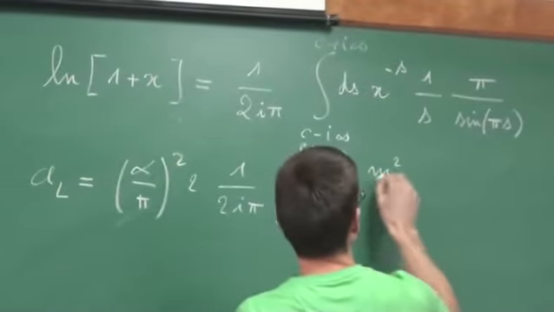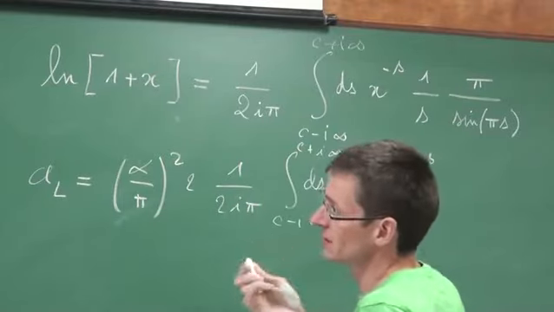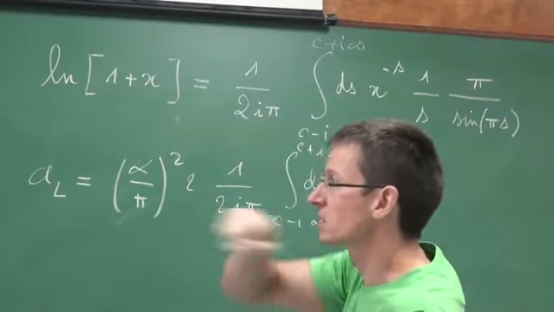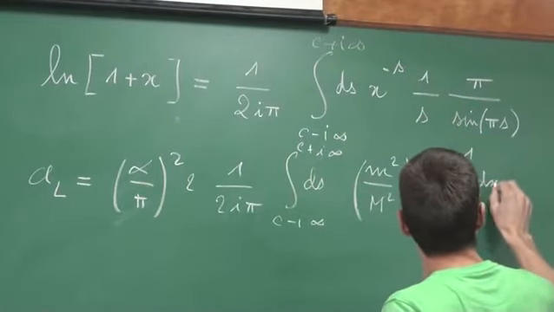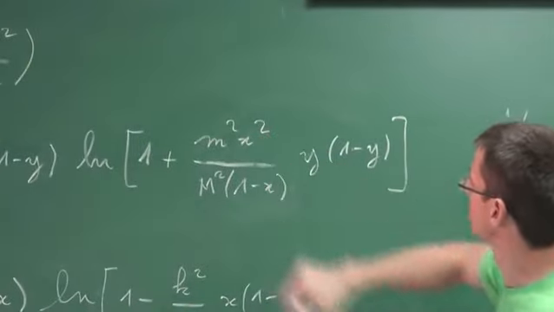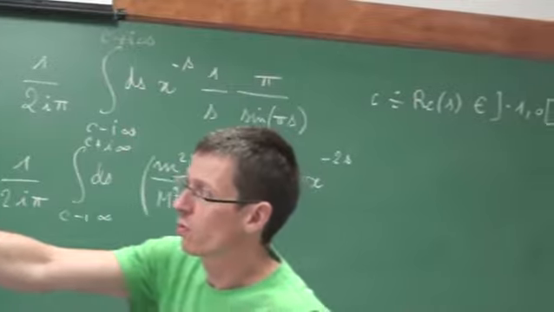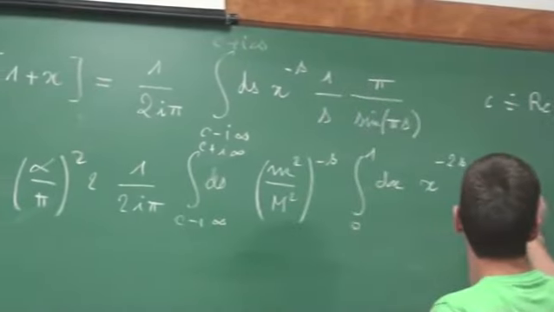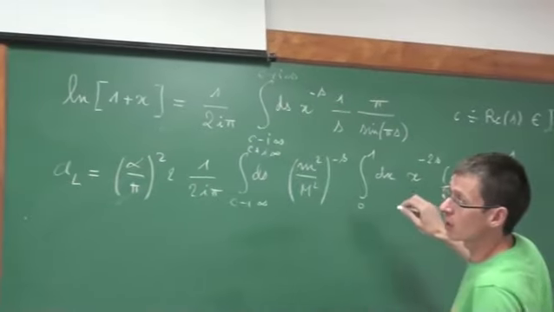M squared over m squared power minus s, and then my integral over x, where I have here x to the power 2, which gives x minus 2s. There is also 1 minus x, and another integral, and 1 minus s. Don't forget this one.